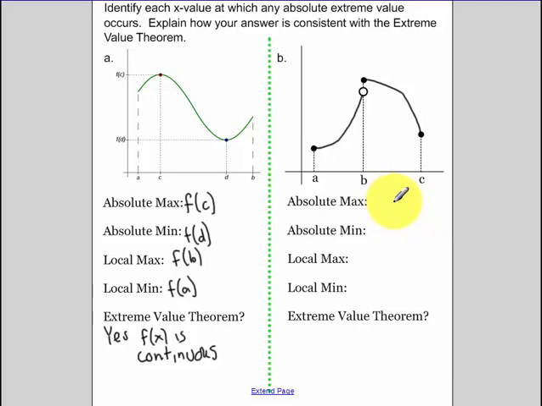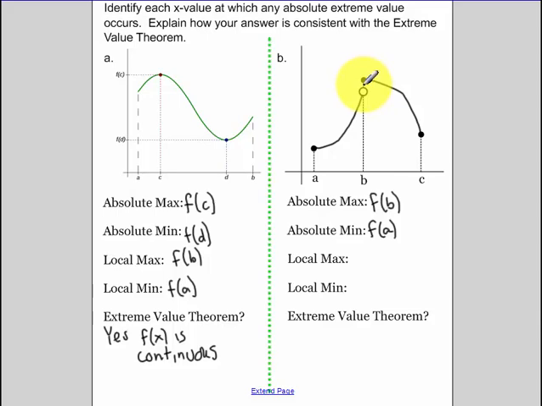Absolute max in this case: the highest value here would be at f of b. Absolute min would be here at f of a. Local max. In terms of the relations around it, you cannot call this a local max because as you approach b, our function value jumps up there.